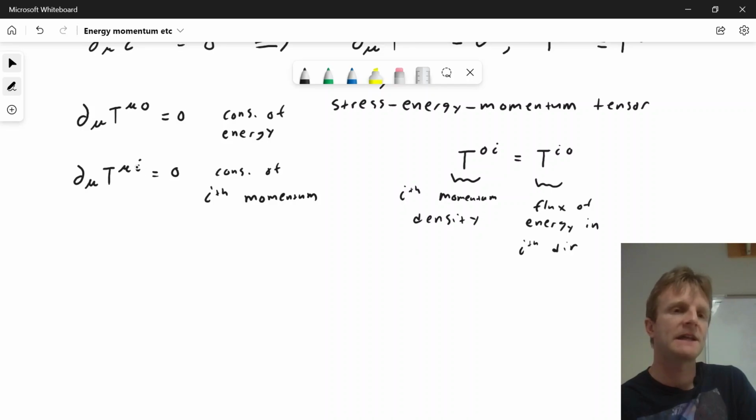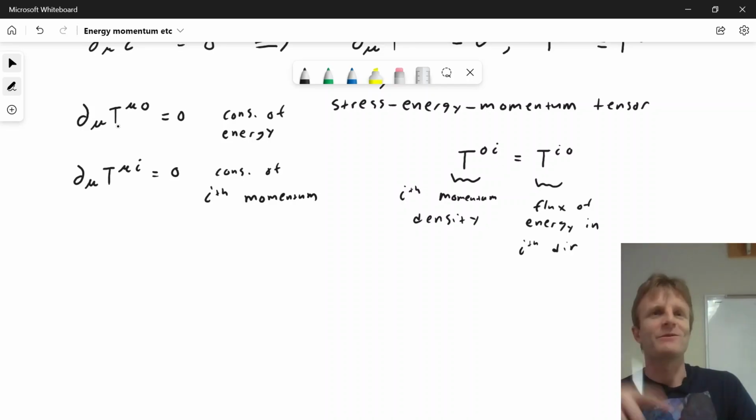There's certainly mathematical meaning in the sense that I want to regard the components, so for example, if I set this one to 0, I want to have upstairs indices remaining so that I can regard it as a 4 vector, not a 1 form, analogously to the charge current 4 vector. So yeah, there's physical meaning, but ultimately we will freely raise and lower the indices as we like.